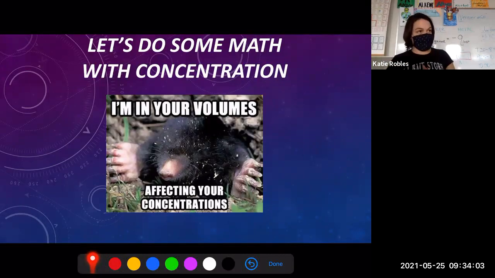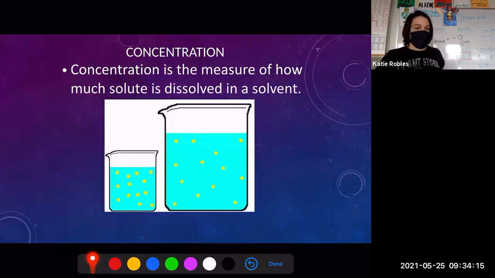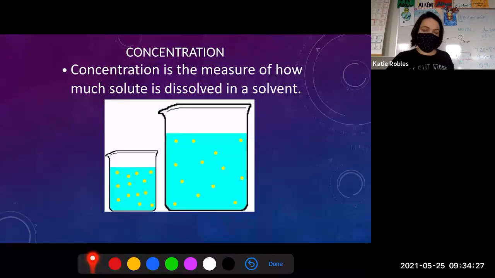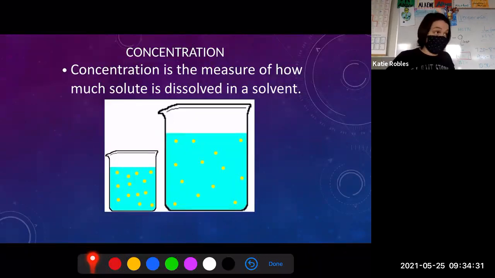Well, chemists have to have a way to measure this concentration. And you can see here, this picture is of a mole, of course. So the mole is back. All right. Concentration is a measure of how much solute is dissolved in a solvent. And this is a great particle drawing to show you this. So these two flasks or beakers have equal amounts of solute.